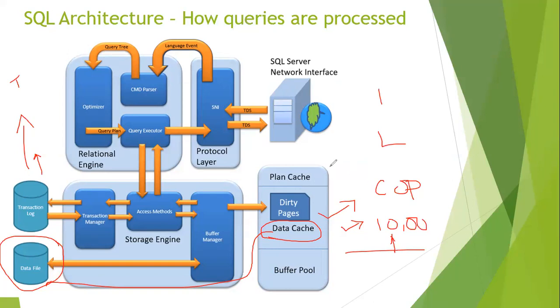There is no algorithm or mechanism, right? The checkpoint scans the data cache first and identifies any pages which are marked as dirty. Whatever algorithm we have, it flushes all the pages in a scatter way, it just gathers and writes them to the data file.